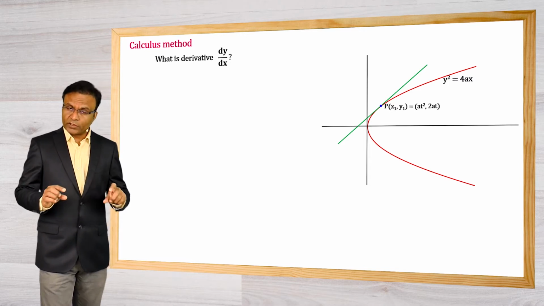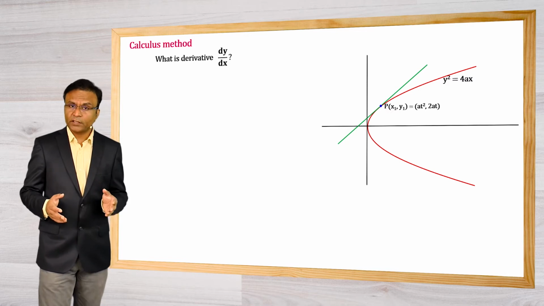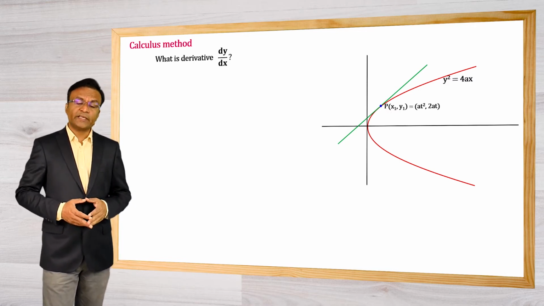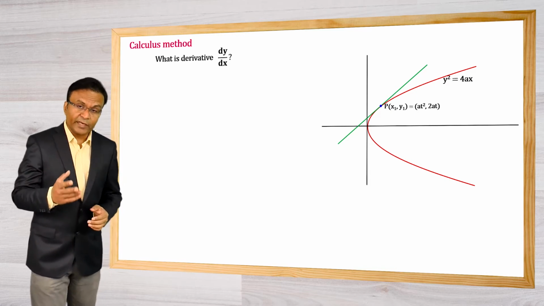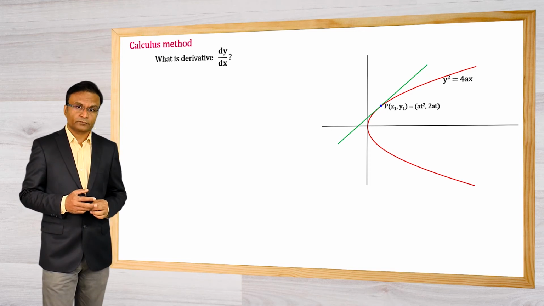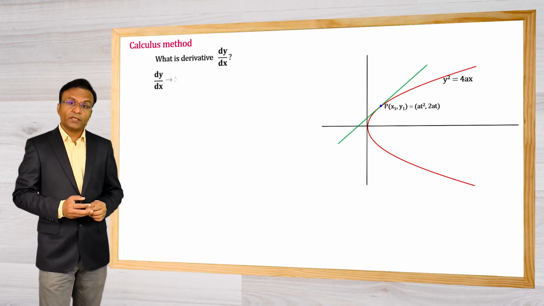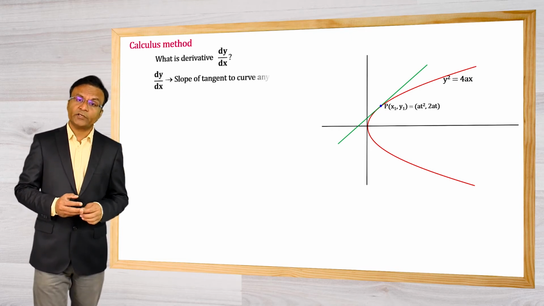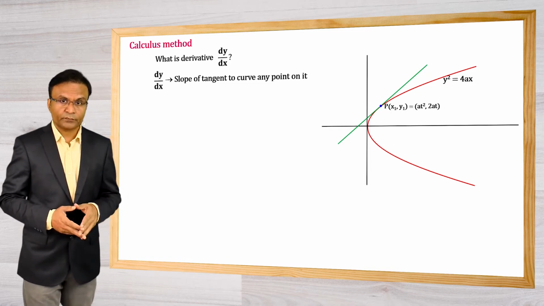When the equation of curve is given, you differentiate it with respect to x, you get the value of dy by dx. What does this dy by dx represent? The value of dy by dx is actually the slope of tangent to the curve at any point on it.